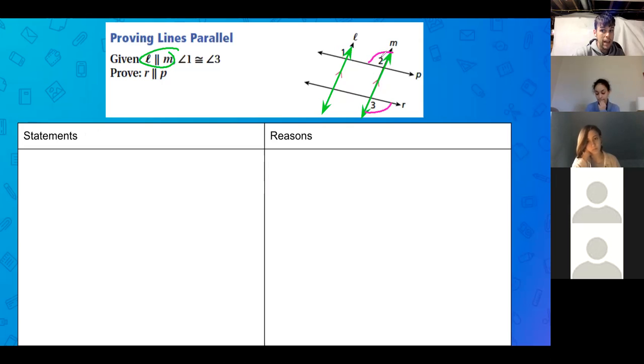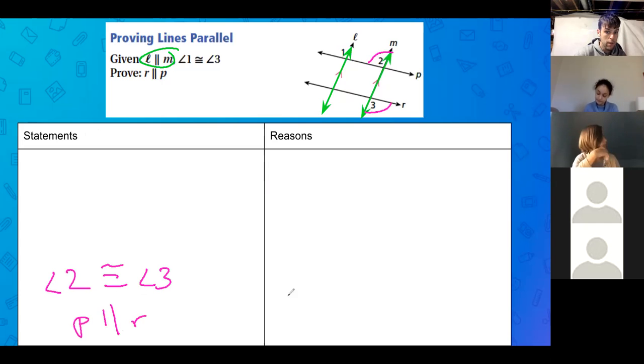If we can show that angle 2 is congruent to angle 3, then I can say the lines are parallel by the, this is where it's long to write it out, but that's okay, the converse of the alternate exterior angles theorem.